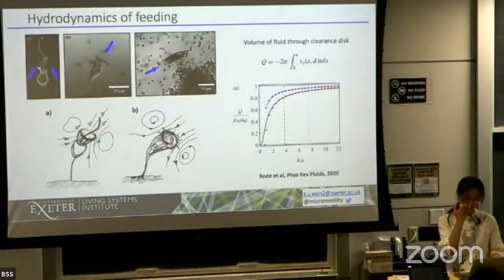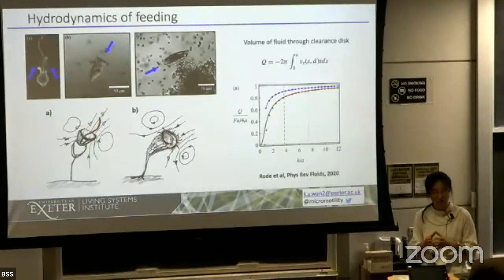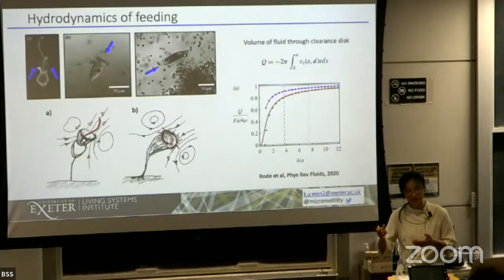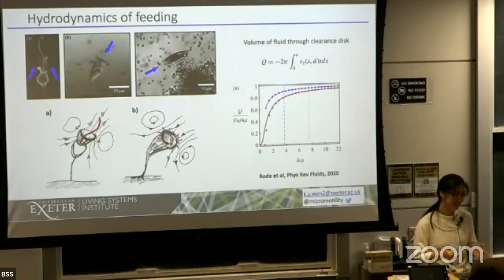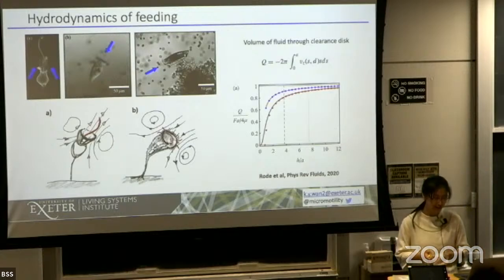These are generally filter feeding organisms, with ways to filter the fluid. Imagine that the food or source of nutrients is being carried along in the current. So there's obviously a drive to filter as much fluid as possible through yourself. The more fluid you clear, the higher the potential chance of getting the nutrients that you need.